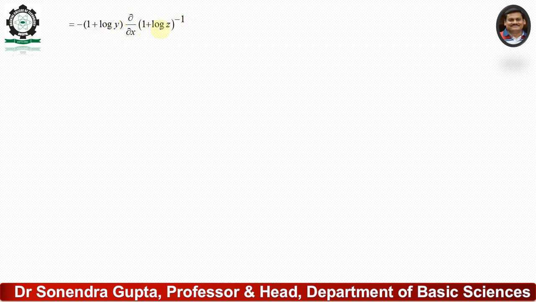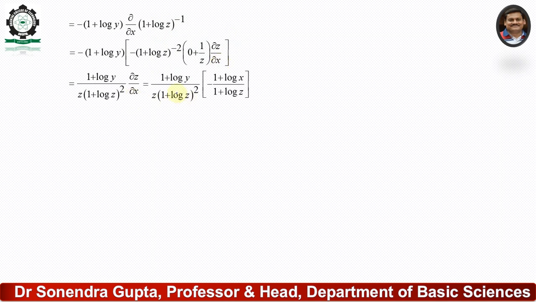Differentiating with respect to x gives minus 1 upon z del z upon del x, and then 1 plus log z to the power minus 2. Now del z upon del x is equal to minus 1 plus log x upon 1 plus log z. Then we simplify these terms using equation number 2, so the whole term is minus 1 plus log y, 1 plus log x upon z, 1 plus log z to the power 3.